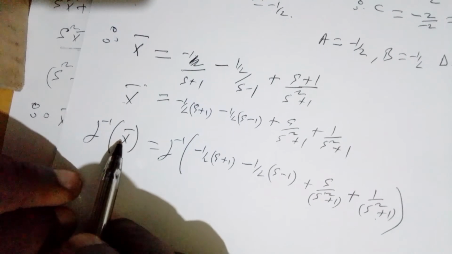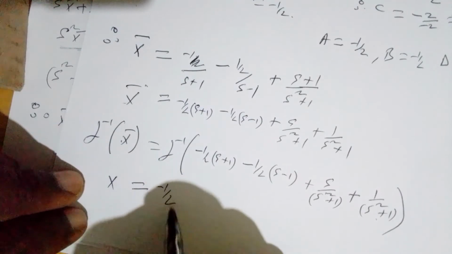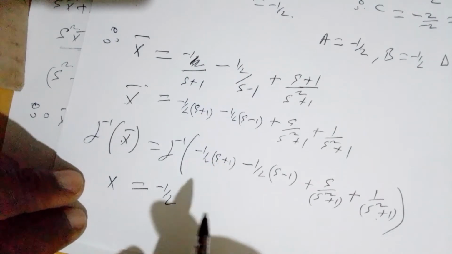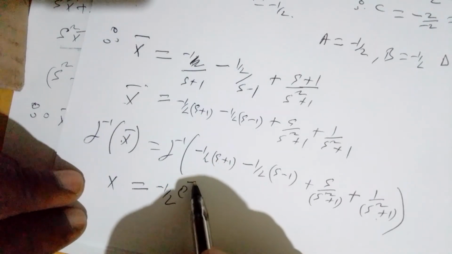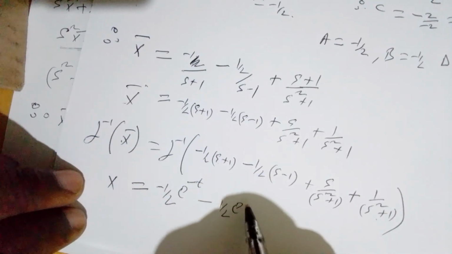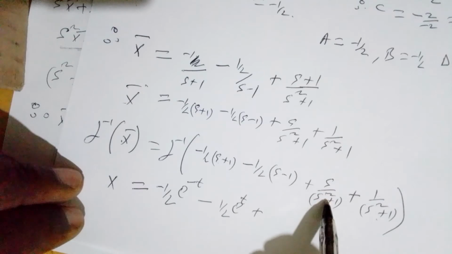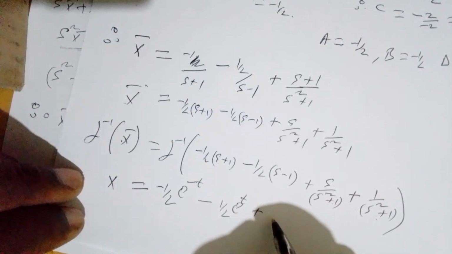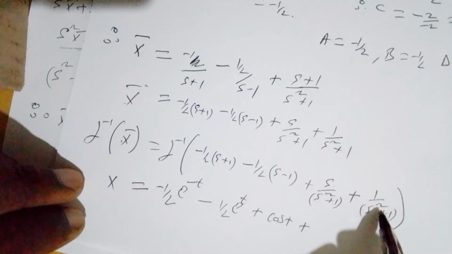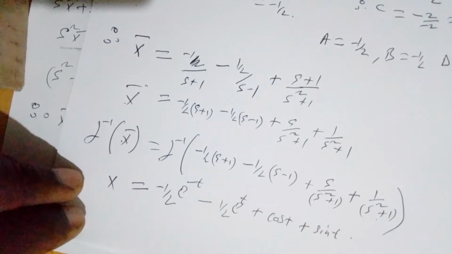Now the Laplace inverse of x bar will be x, which equals minus a half the Laplace inverse of 1 over s plus 1 will be exponent minus t, minus a half, this will be exponent t, plus the Laplace inverse of s over s squared plus 1, it will be cos t, plus the inverse of 1 over s squared plus 1, it will be sine t.